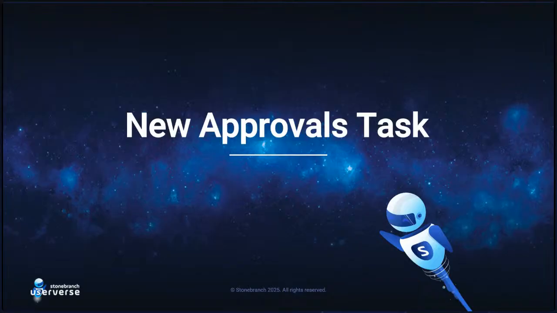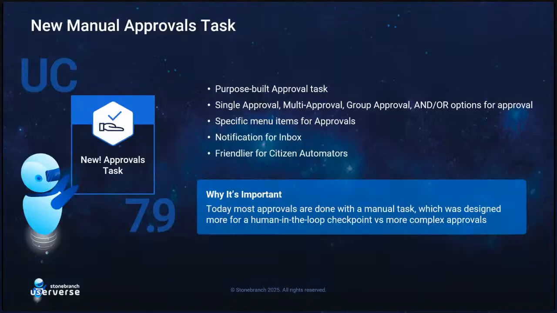It's my pleasure to introduce you to a new pre-built task type that we're going to be introducing as part of 7.9 approvals. So let's move forward. Maybe let's take a step back. When we originally built the system, we introduced the capability of what was called a manual task.